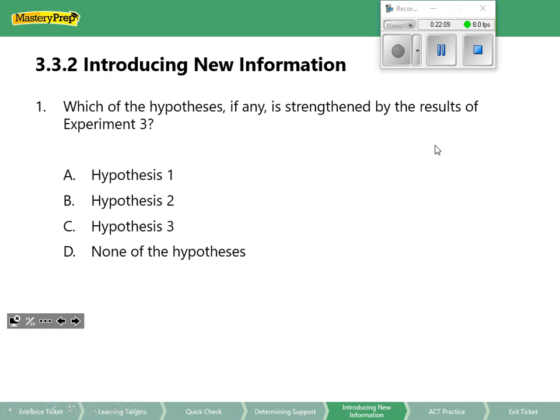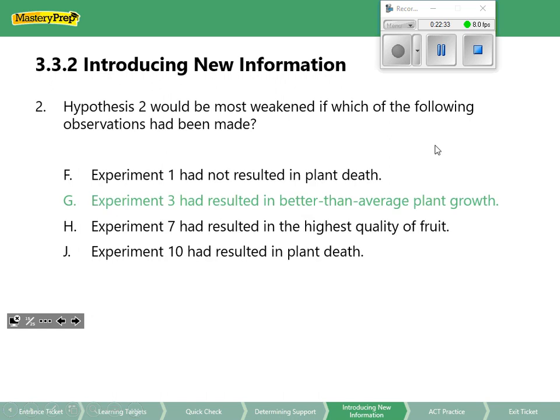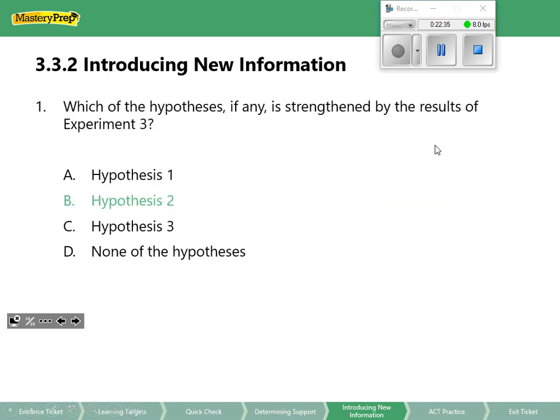So let's look at this here. Now, which of the hypotheses, if any, is strengthened by the results of experiment 3?